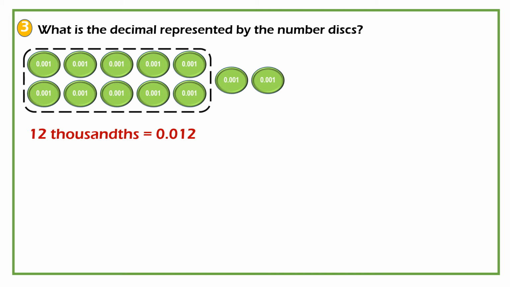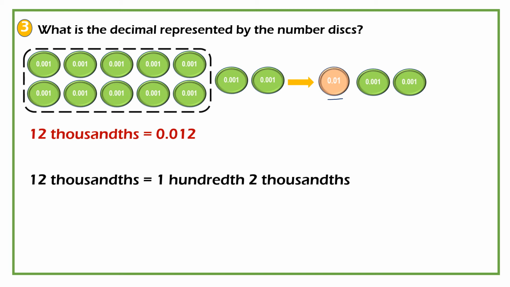But now I want you to note that this is the same as 0.01, which is the same as 1/100th, and 2 thousandths. So 12 thousandths is the same as 1/100th and 2 thousandths.